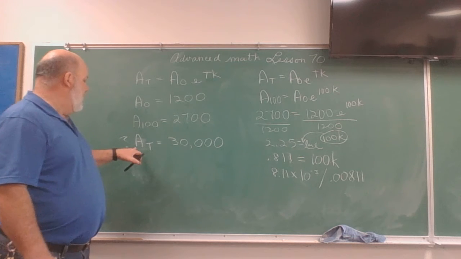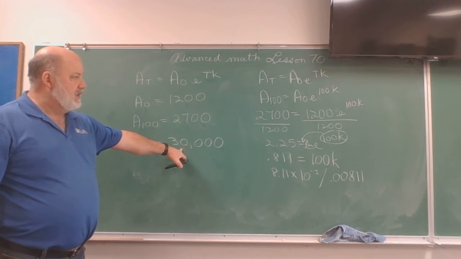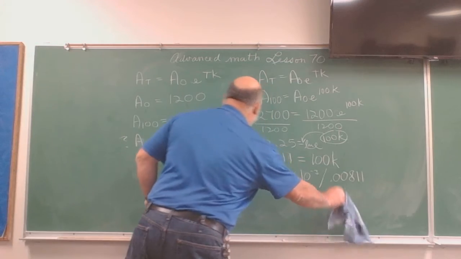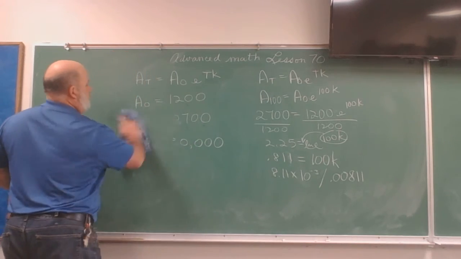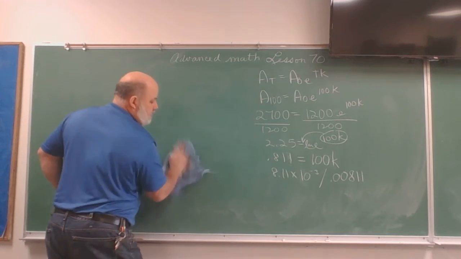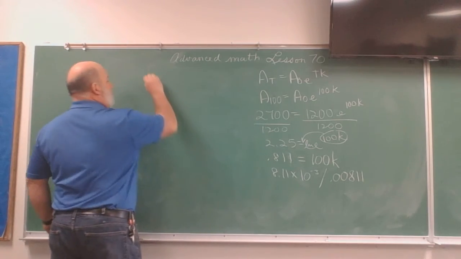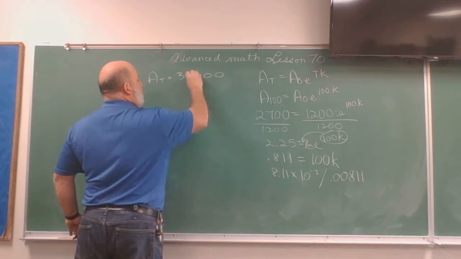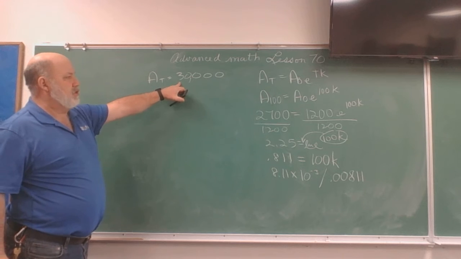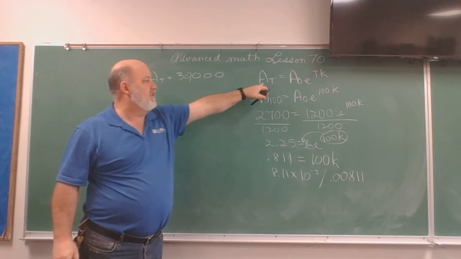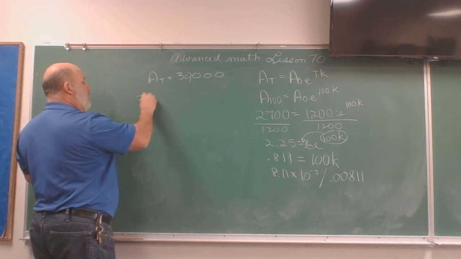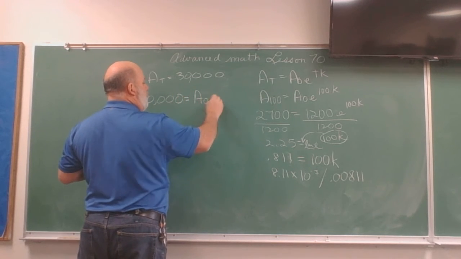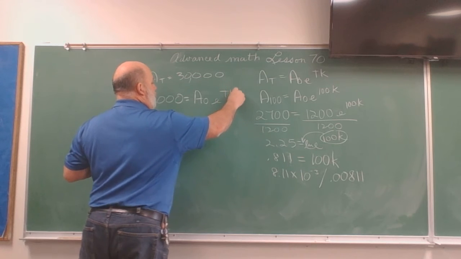Now, the question is, how much time did it take to get to 30,000? I've used up too much of my chalkboard. I'm going to erase this. Writing a little too big. A sub t equals 30,000. Well, what I'm going to do is just put that 30,000 in place of this A sub t, and I'm going to write, okay, 30,000 equals the amount at 0 e to the tk.